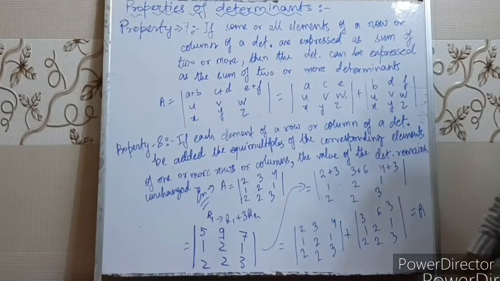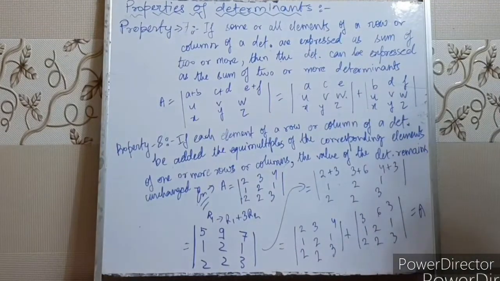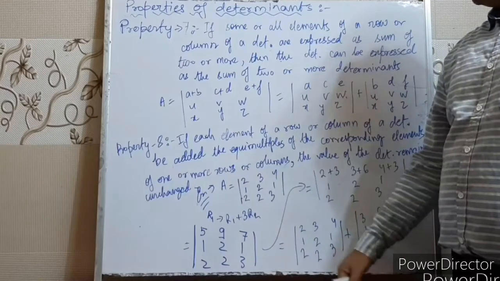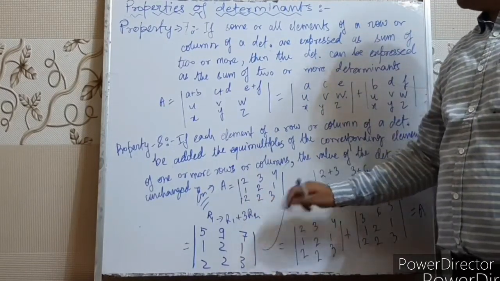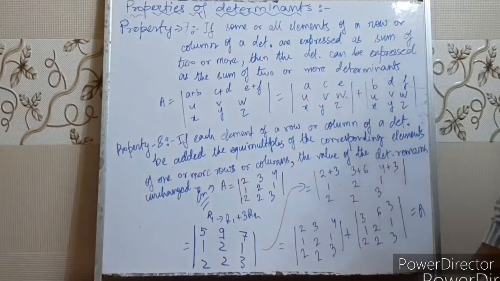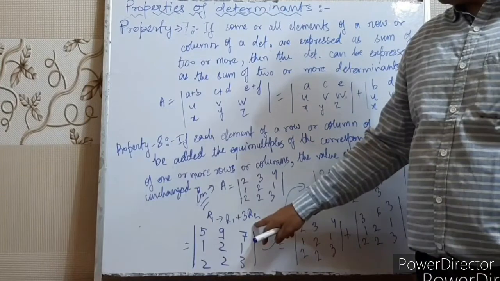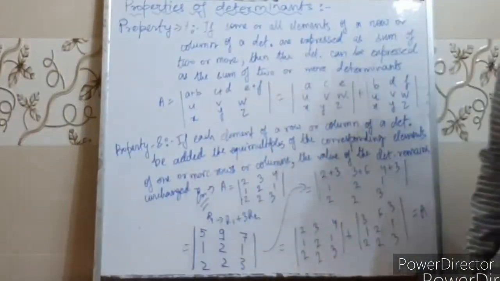Let's study one example first. Suppose this is a determinant A which has row 1 as 2, 3, 4, second row is 1, 2, 1, third row is 2, 2, 3, right, children? And we are multiplying with a scalar term of 3 in R2 and then adding with R1, and the result is written in R1, right?